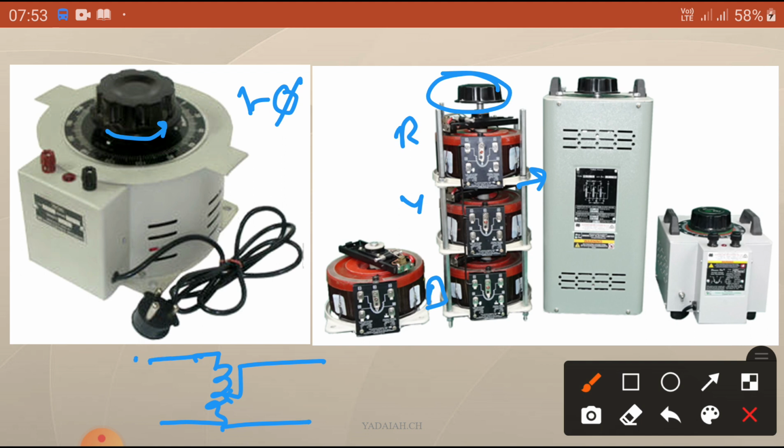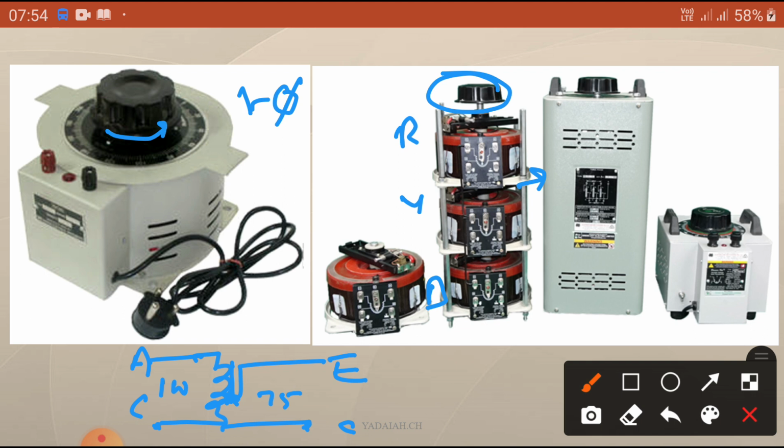For example, you can take A and C as common, and E as the output terminal. If the number of turns is, for example, 100 turns and you attain 75 turns, then correspondingly I get a reduced voltage on the output side. Simply by changing the variac, we can reduce the voltage.